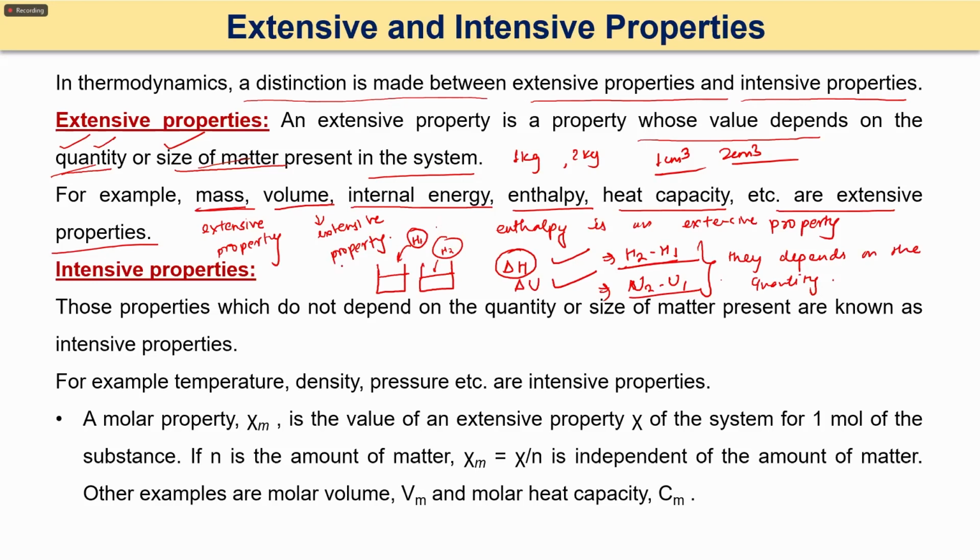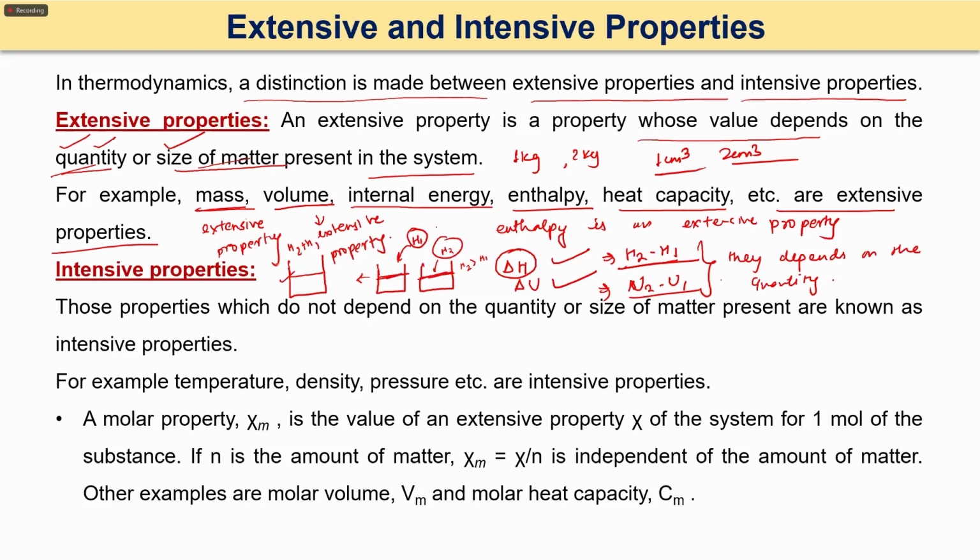Now let's say H2 is greater than H1. If we add them both, then the heat content of the system will become H2 plus H1, because here it was H1, here it was H2.